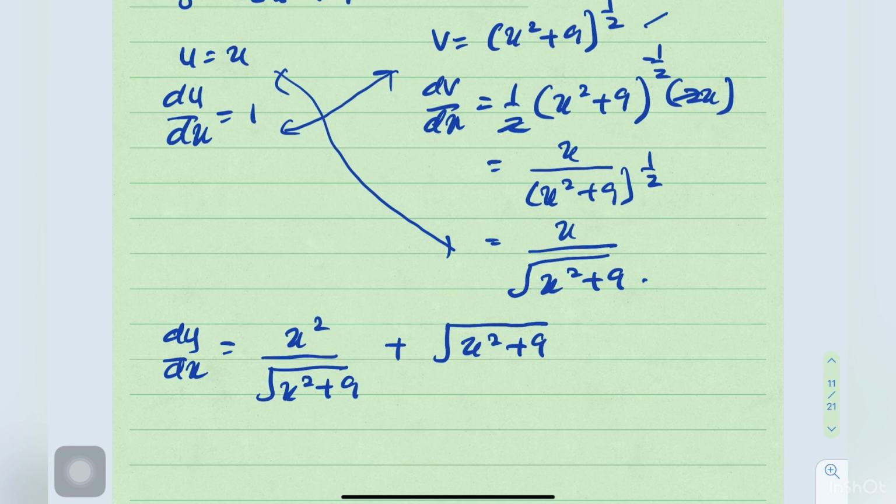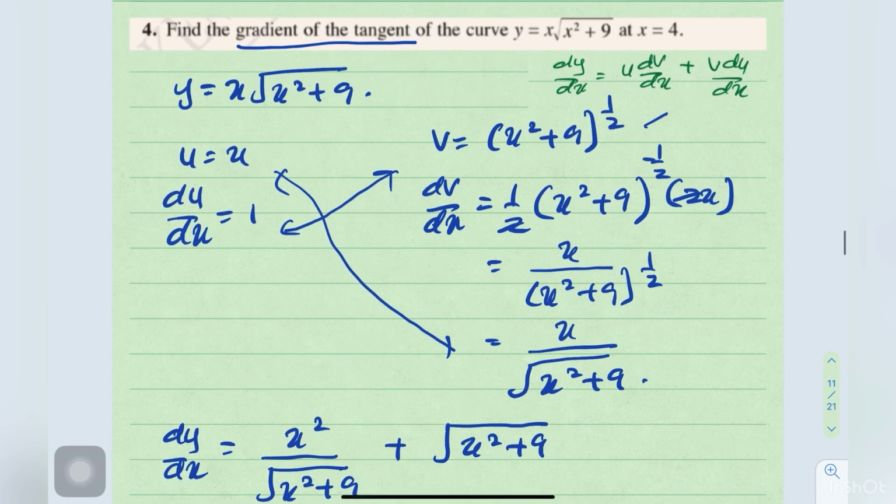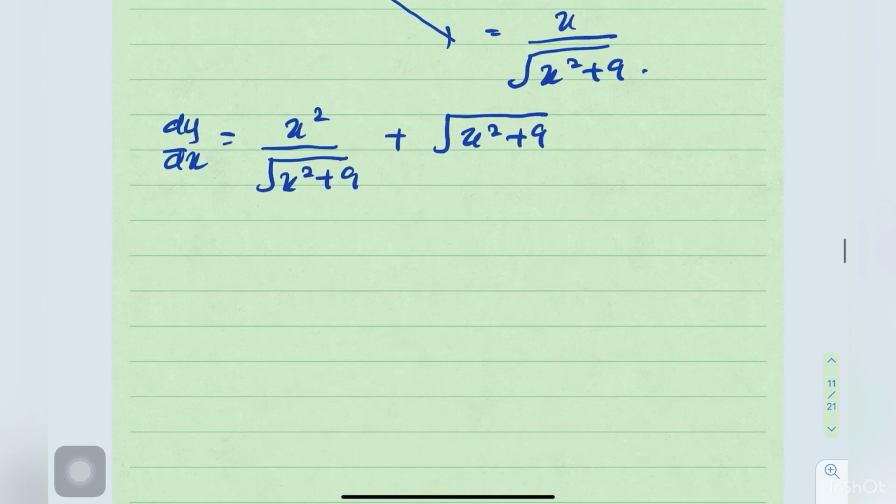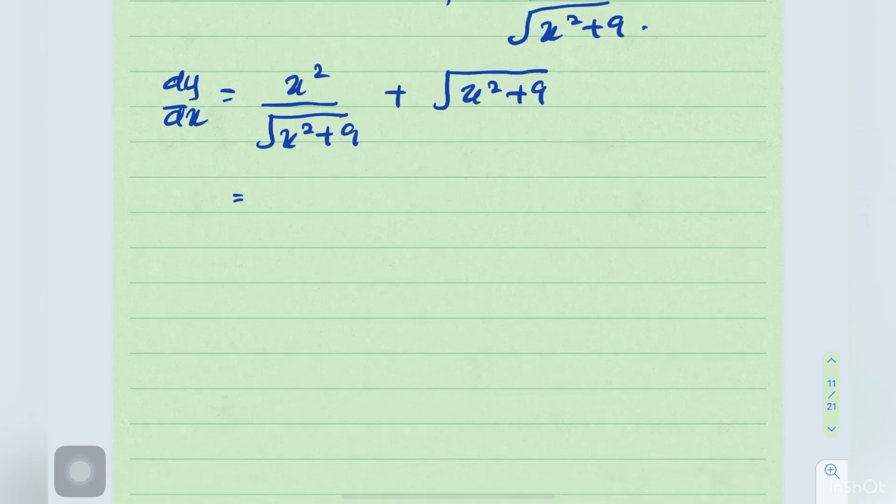Okay, from the question, you have to find the gradient, meaning dy/dx at x equals 4. So you have to substitute x equals 4 into dy/dx. When x equals 4, we have 4 squared over square root of (4 squared plus 9), plus square root of (4 squared plus 9).